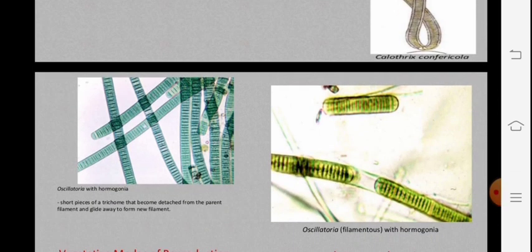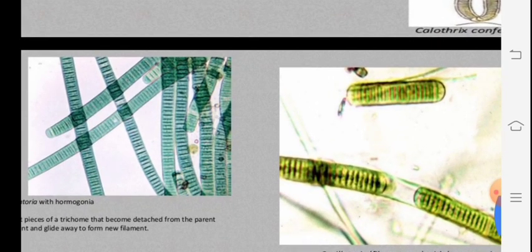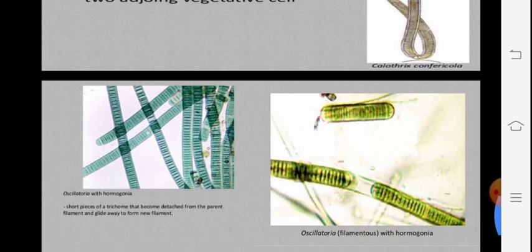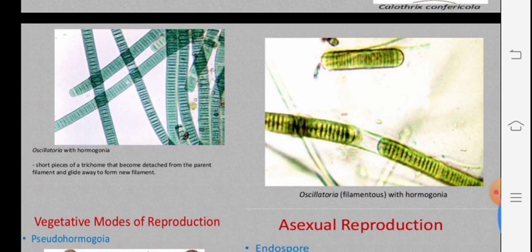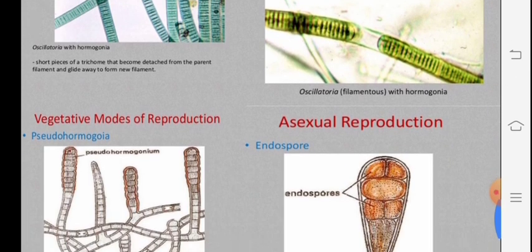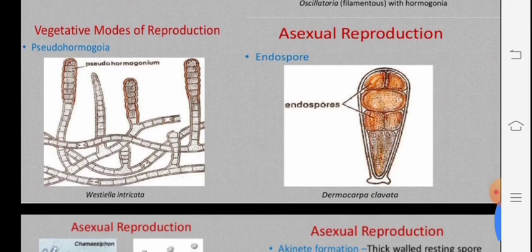Secondly, in Oscillatoria, you are observing a good slide of this. So see the hormogonia in the trichomes. It is not called a filament, but a trichome. So this develops without any content. Then in vegetative mode of reproduction, some examples show the pseudo hormogonia.